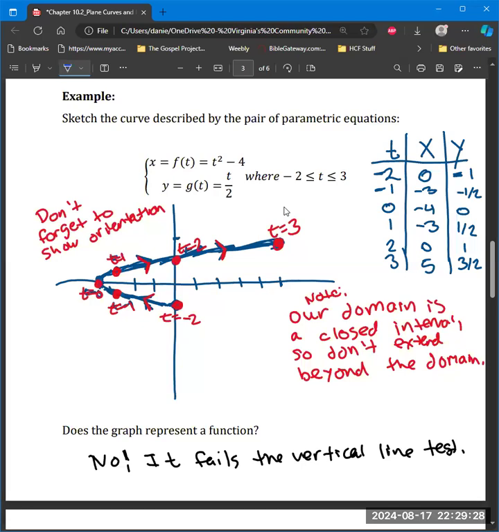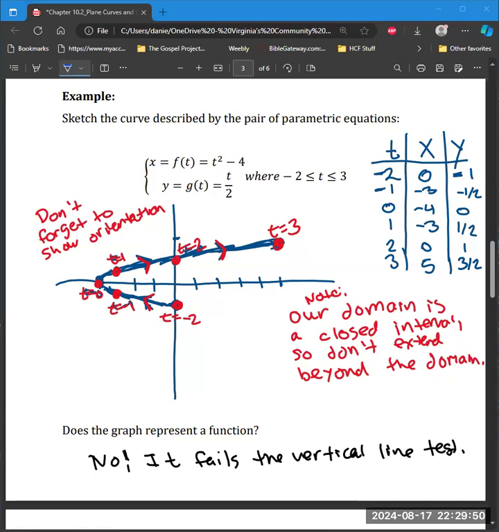So I made a table here of t values, and then x of t values and y of t values, and then graph the xy ordered pairs there, noting the t value that corresponded to those ordered pairs. Let me go ahead and graph that for you in the calculator since we're in parametric mode.